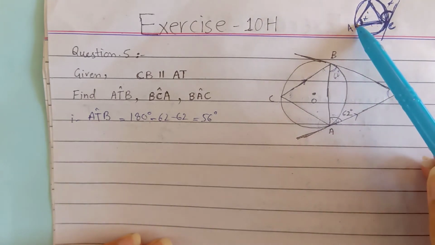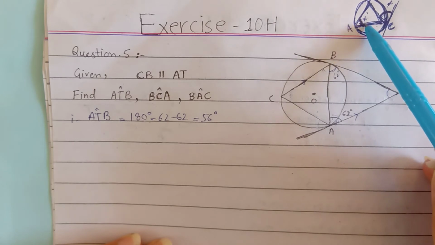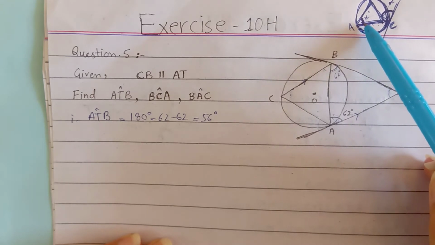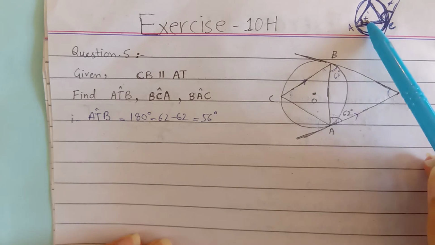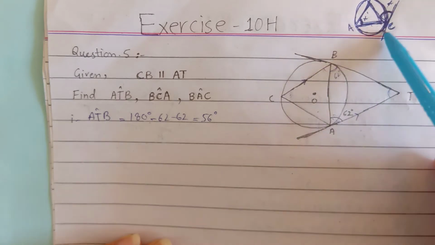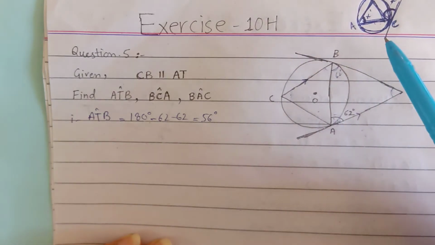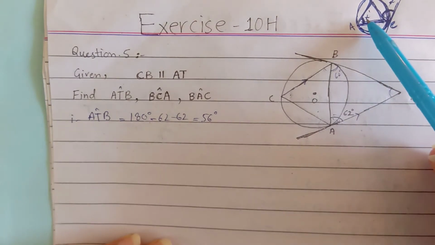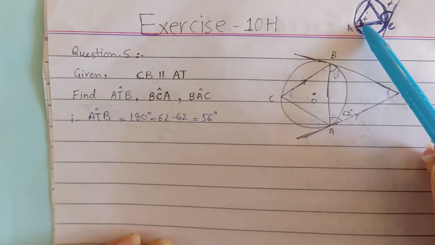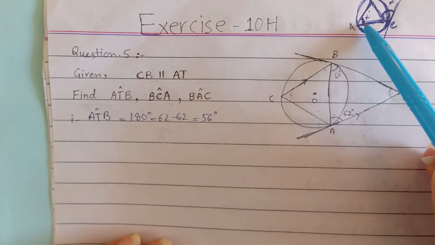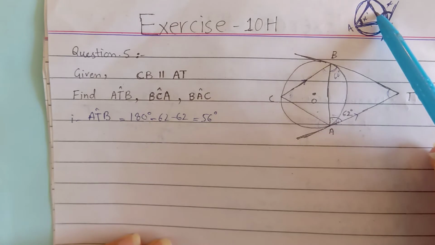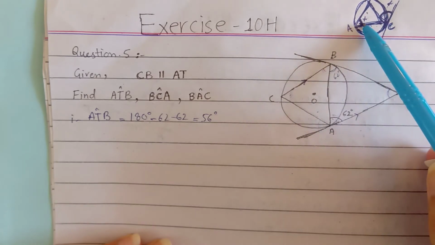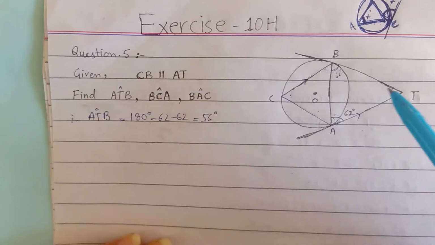If the angle formed at A is x, then the angle that is formed by the opposite side with the tangent line will also be x. I'm going to repeat that again so that you can understand it better. If the angle at A is x, and we know that the side opposite to this angle is the side BC, the side BC will also make the same angle with the tangent line.